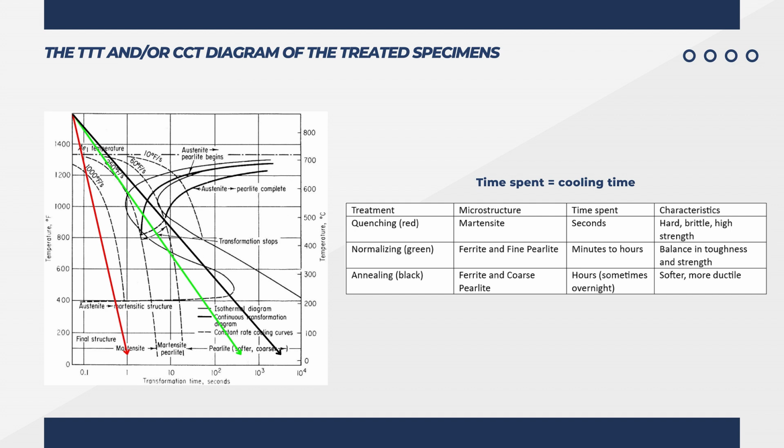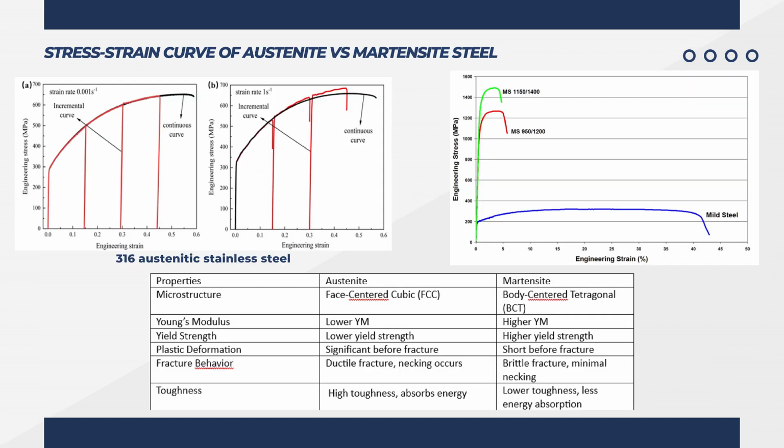And for the specimen with the annealing treatment, as can be seen from the black arrow, it has fallen through the most right side of the curve, which means the microstructure has transformed into ferrite and coarse perlite. The time span for the annealing specimen is approximated to last overnight, and the specimen should be softer and more ductile.